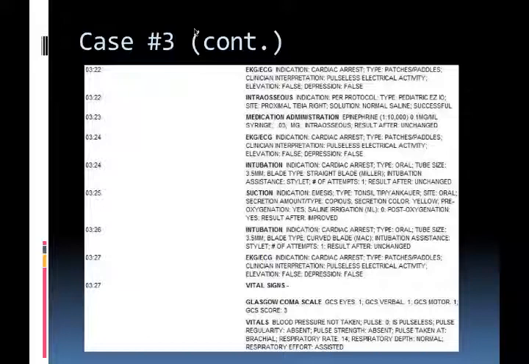And then epinephrine was used at clinical interpretation PEA, continued CPR, intubation. This was a 3.5 straight blade Miller, 1 attempt. And I can't tell, was this successful?